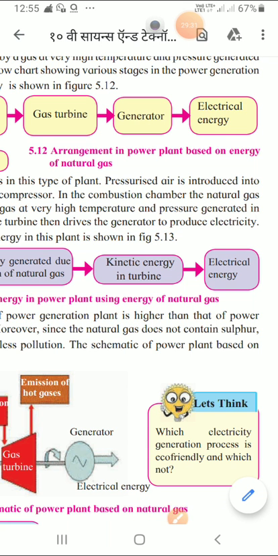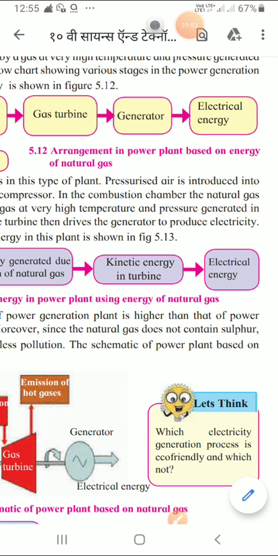Now let us see the efficiency of this type of power generation plant is higher than that of the power generation plant based on coal. Moreover, since natural gas does not contain sulfur, burning of natural gas results in less pollution.